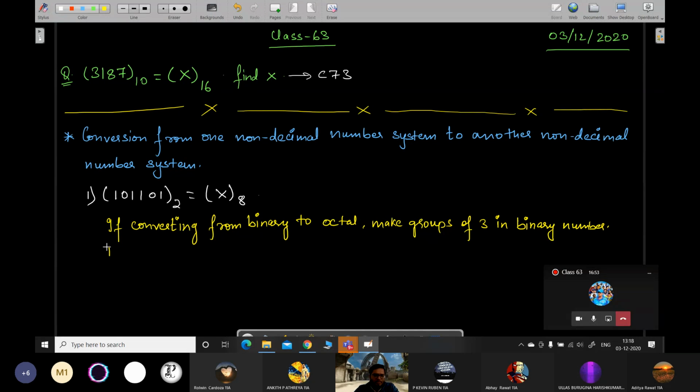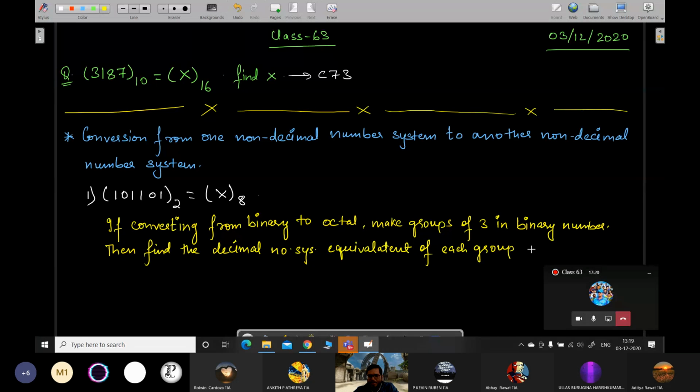Then find the decimal number system equivalent of each group, and you will understand the meaning. It's very simple.